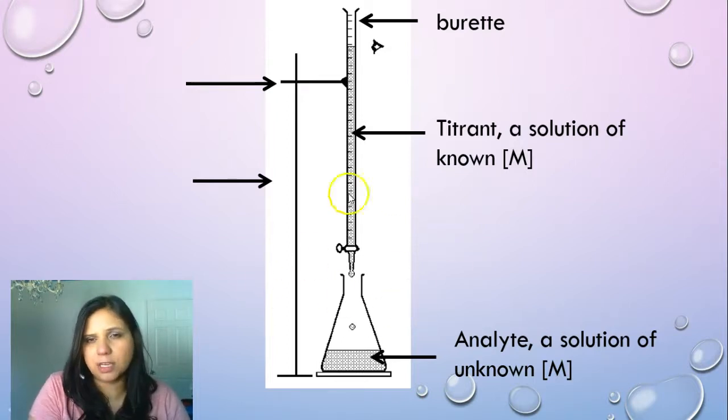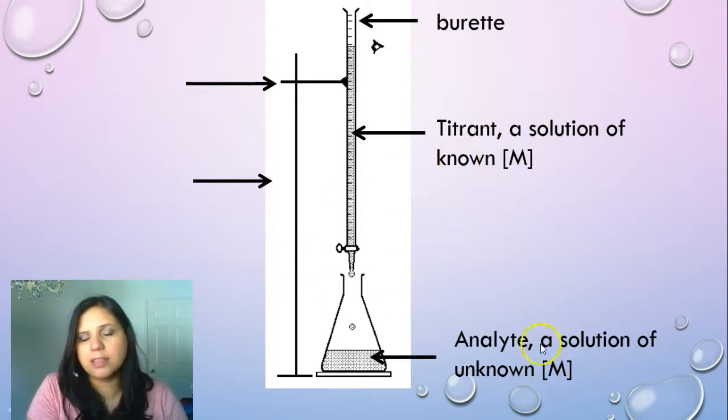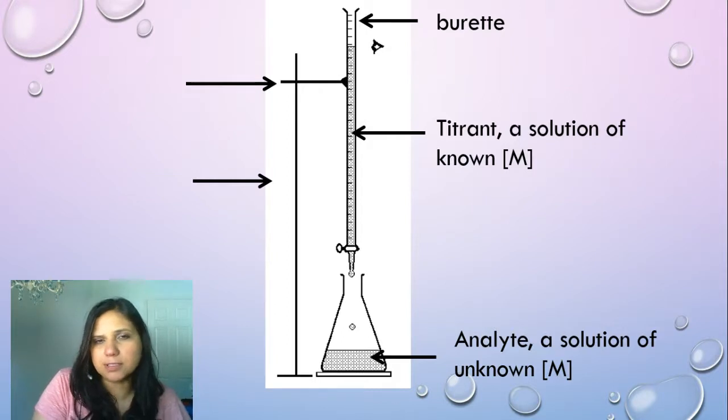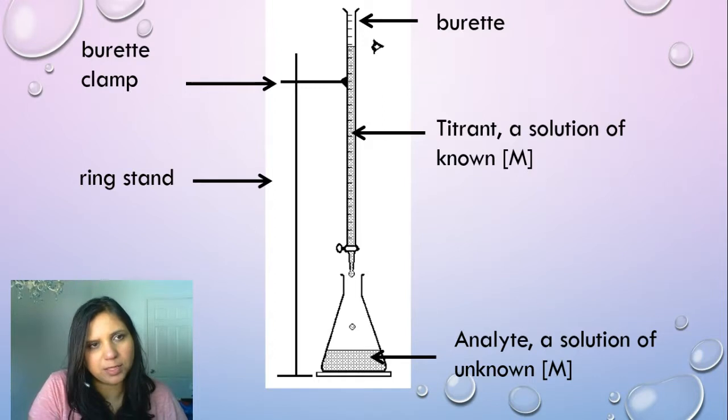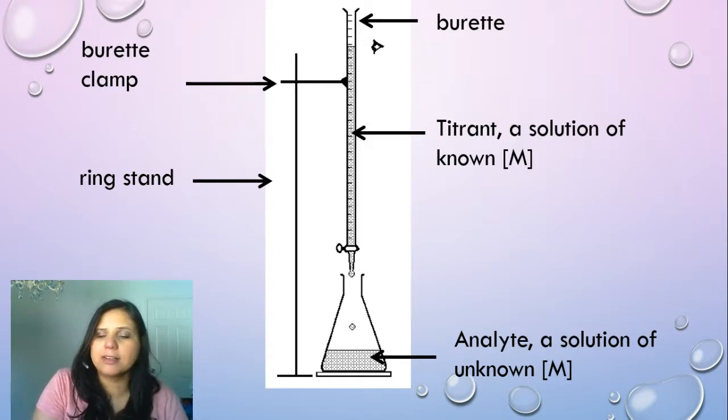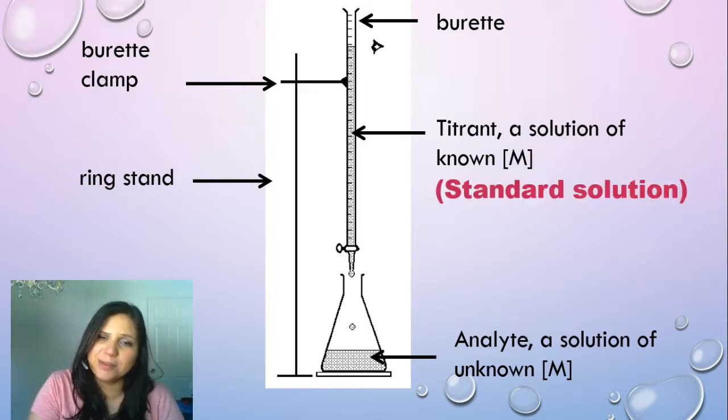So if I know the concentration of the acid, then this would be my base down here. Or vice versa. The other parts of this are the ring stand to hold the burette with a burette clamp. And as I said before, the titrant also has another name. It's called the standard solution.